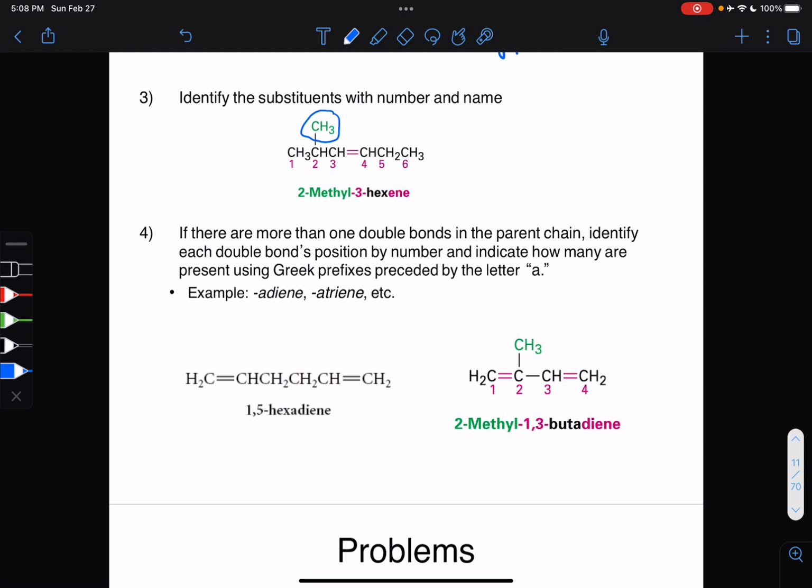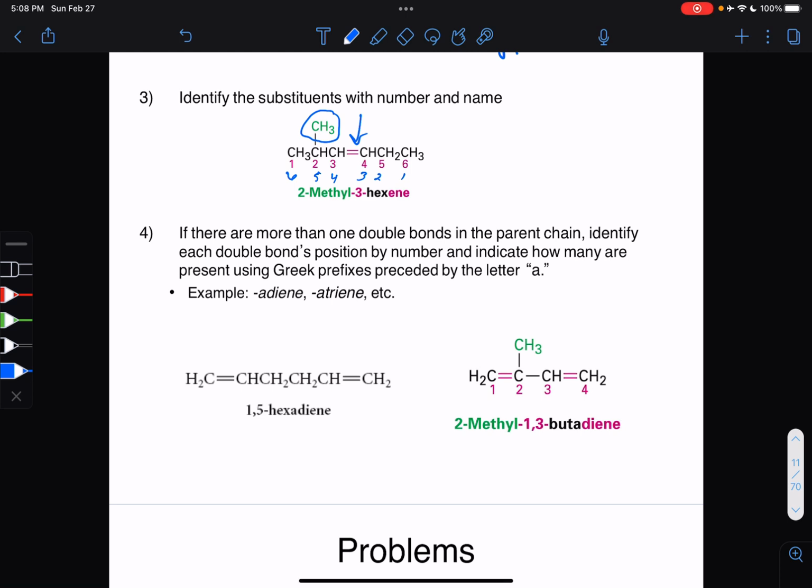And we numbered our chain forward. Okay, so 1, 2, 3, 4, 5, 6. What would have happened if we numbered it backwards? Well, if we would have numbered it backwards, our double bond would still be between carbons 3 and 4 right there.